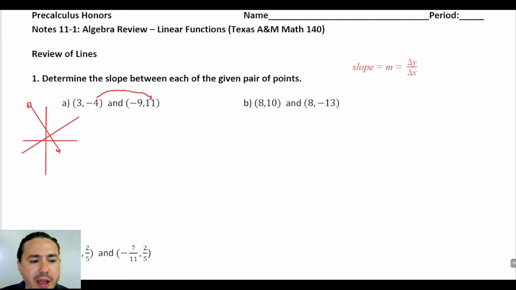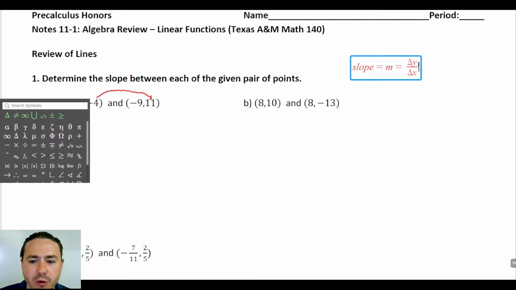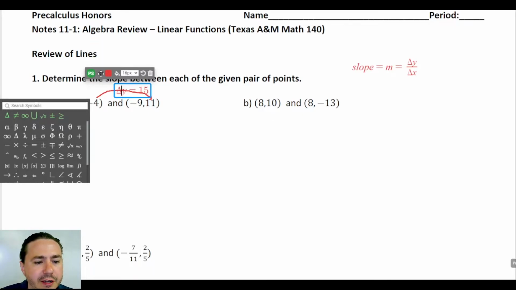To get from -4 to 11, I need to add 15. So my change in y, or my delta y, is positive 15.